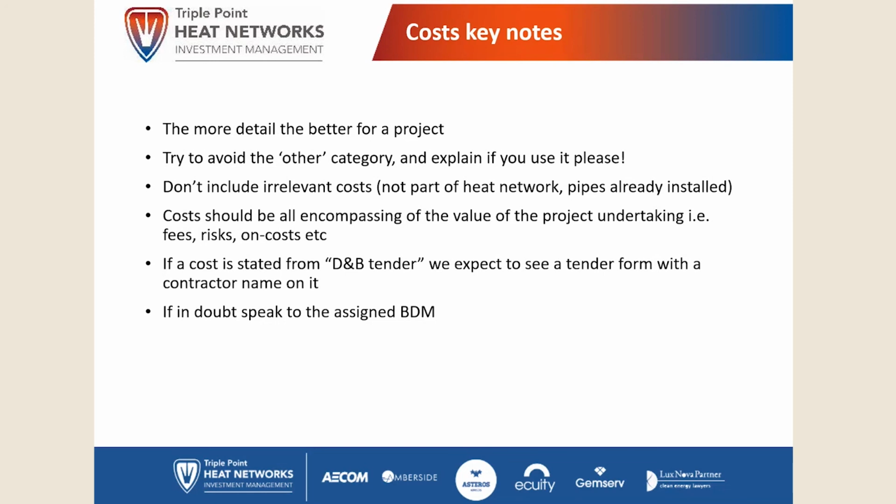Again, as Simon alluded to, don't enter items that aren't relevant to the actual capital application. So anything that's already installed shouldn't be included. Ineligible costs generally wouldn't be included.